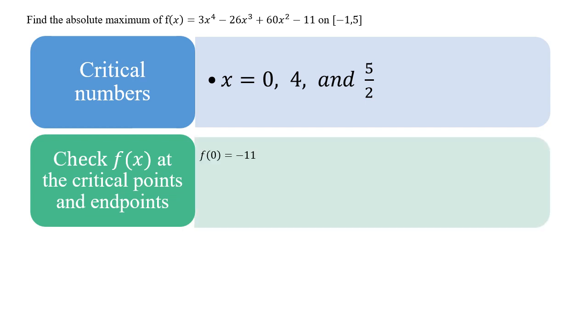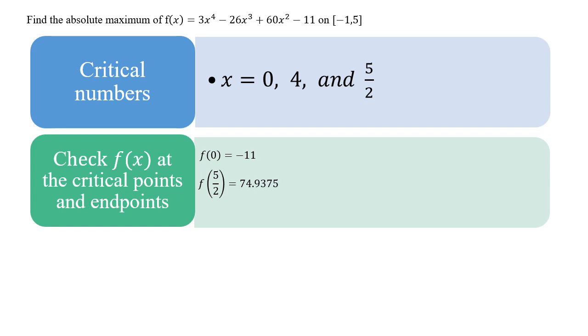So I'm just checking when x is 0, plug it in, you get -11. When x equals 5/2, I replace x here by 5/2, and then you get about 74.9375. So just plug in your calculator.